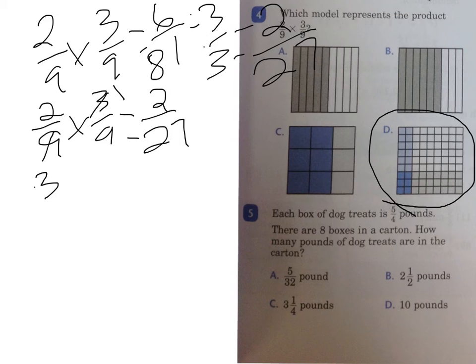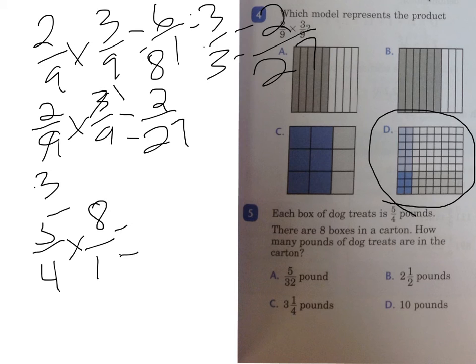Alright, so let's go to number 5. Number 5 says, each box of dog treats is 5/4 pounds. There are 8 boxes in a carton. How many pounds of dog treats are in the carton? We can simply write number 5 as 5/4 times 8/1.